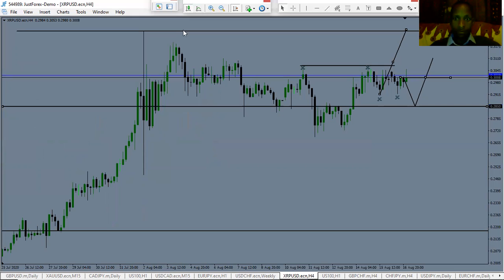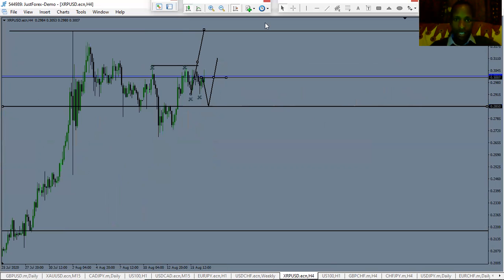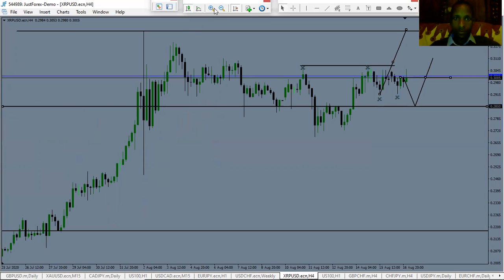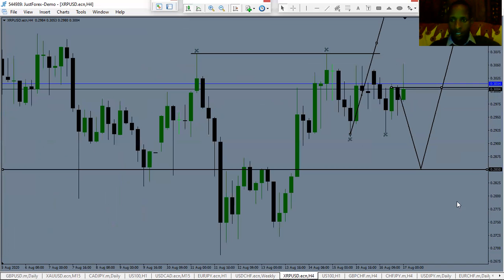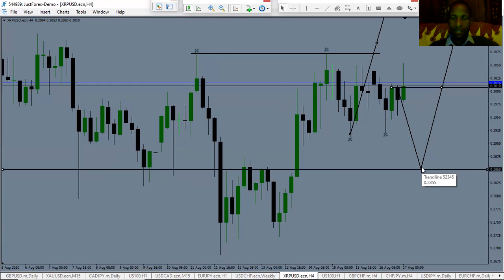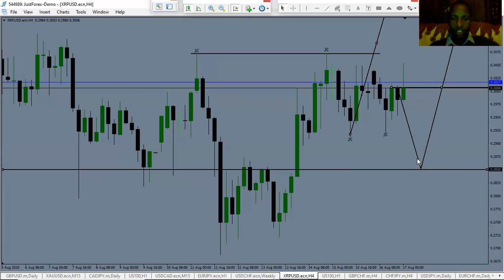So for now, what needs to be done is for us to be patient and wait for XRP to trade at 29 cents, which is 0.2850. To trade up to this level, then this point is where we're going to inject our long positions. Why? It's because here our market structure is still aligned.